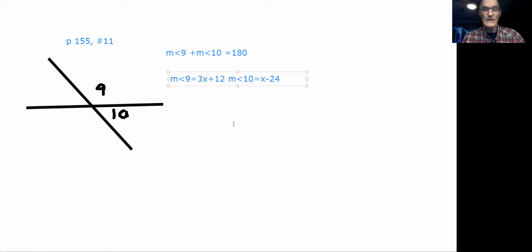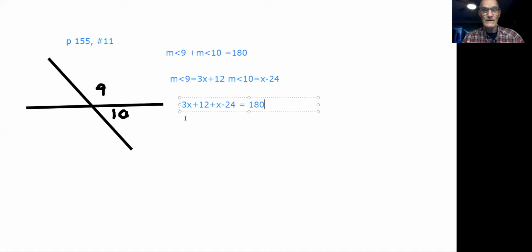So we do the substitution, because the picture told us that if I add the measures of these two angles, I get 180 degrees. I will replace angle 9 with 3x plus 12, and I add to that the measure of angle 10, which is x minus 24, and I set that equal to 180 degrees. Then I do the algebra to solve this equation, and I can figure out what x is.